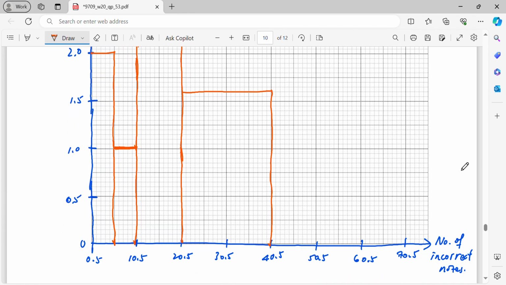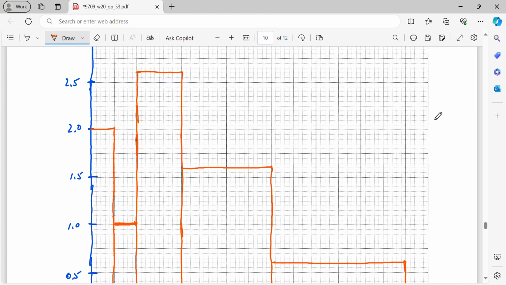So 0.6, here. So this is your histogram.